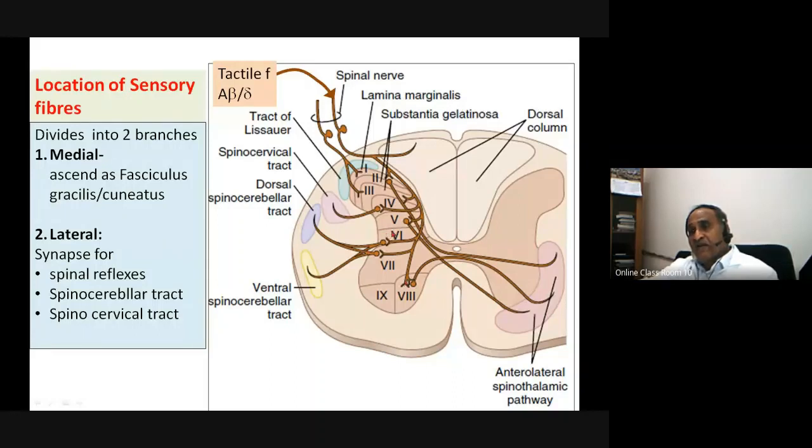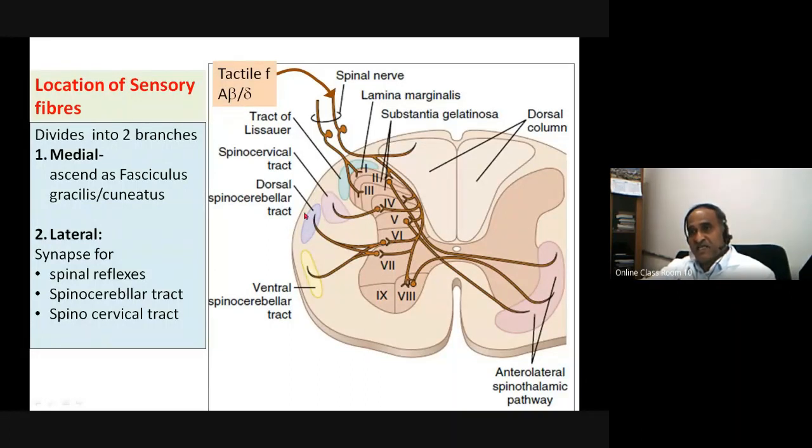Then they will give a collateral synaptic contact with the fibers. These fibers ascend as the spinocerebellar tract. This is a dorsal spinocerebellar tract, and this is a ventral spinocerebellar tract. That means they are carrying position sense, the proprioception.